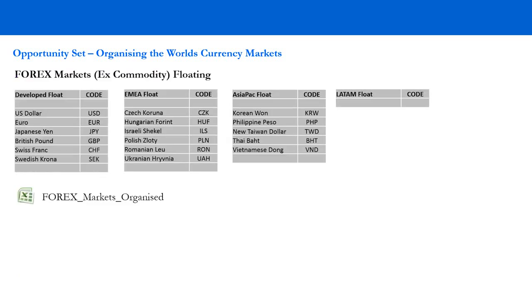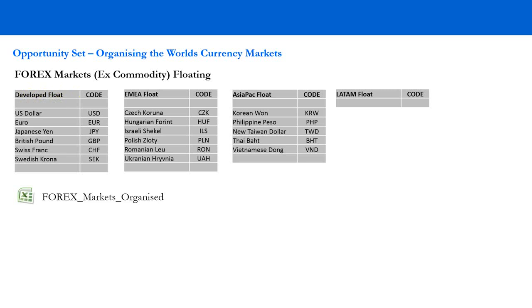Now, we've put the results here of our breakdown from the Forex markets organized sheet. And the first thing we look at is the ex-commodity floating currencies. And what we find is we break down, first of all, by developed float. So what do we mean by that?